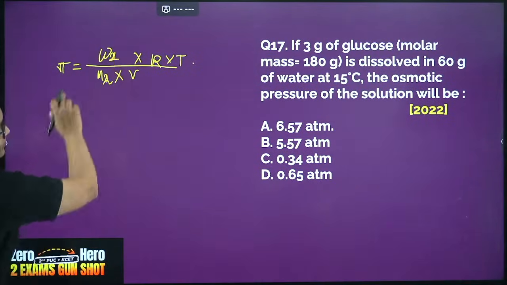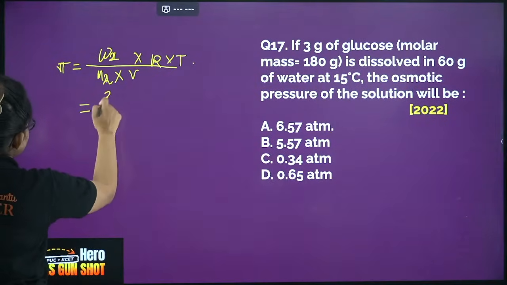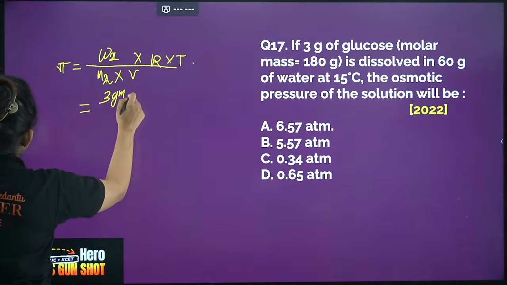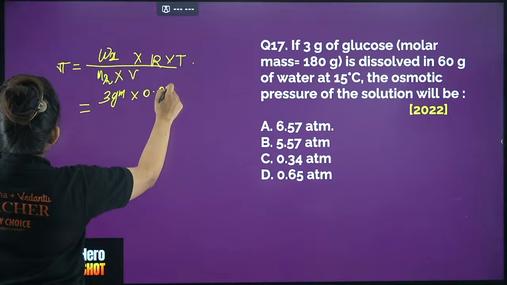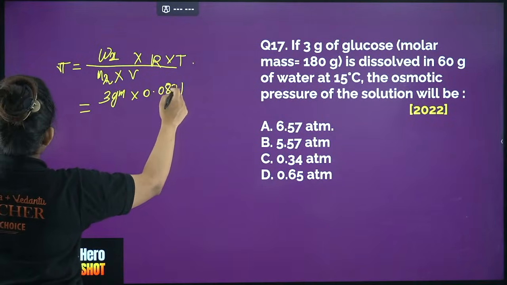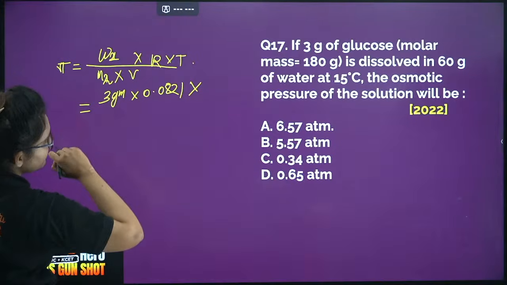W2 means weight of the solute, and M2 means molecular weight of the solute. So 3 gram into R, the R value is 0.0821, into temperature.